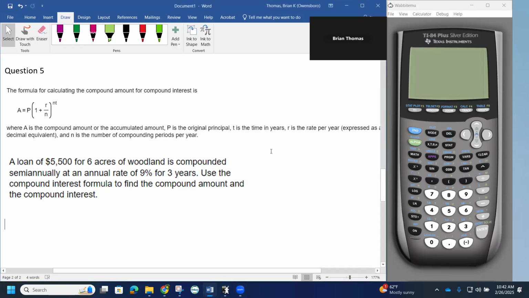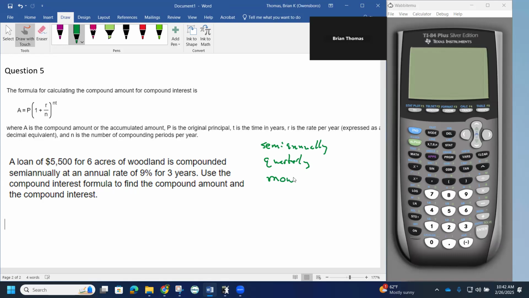So you may see a word like semi-annually. You may see the word quarterly, maybe monthly, or even daily.